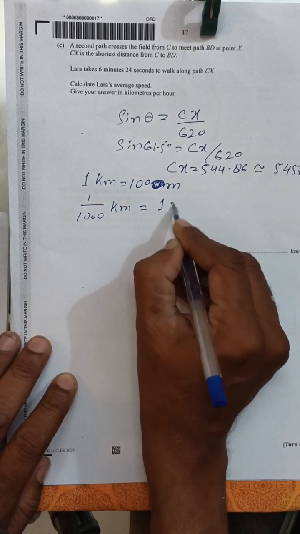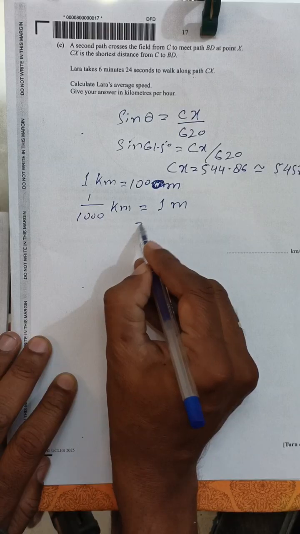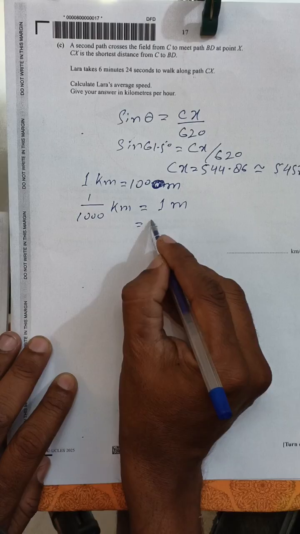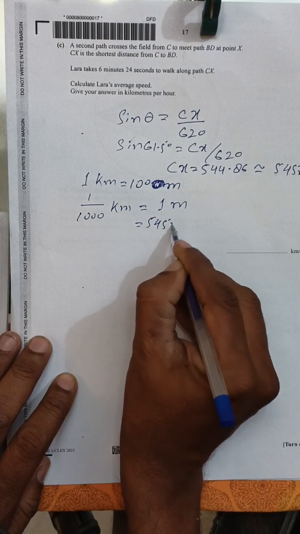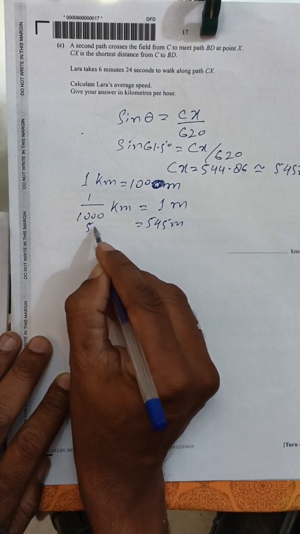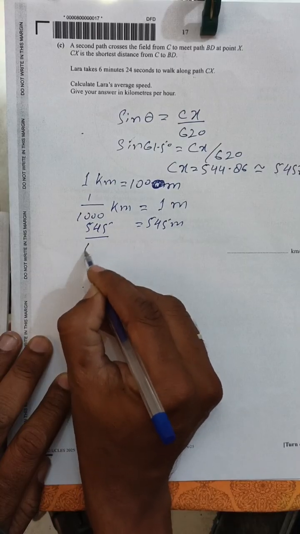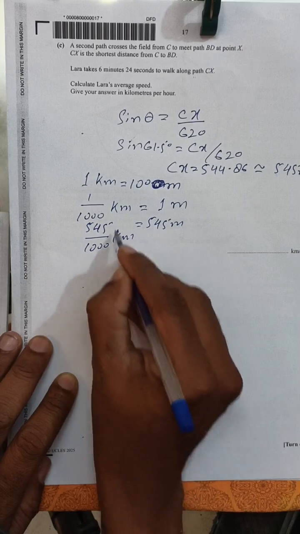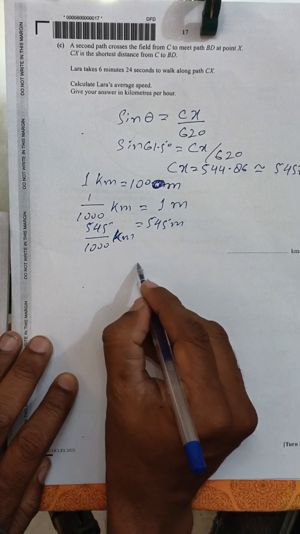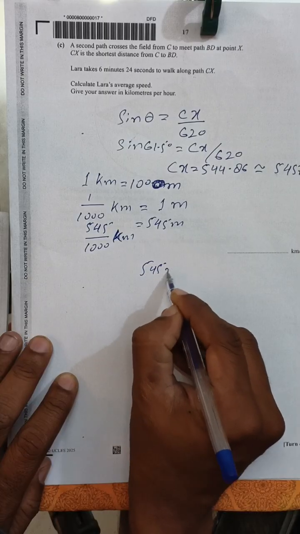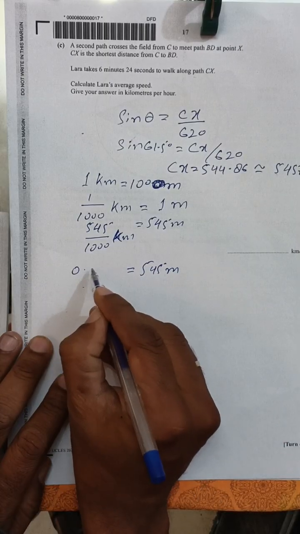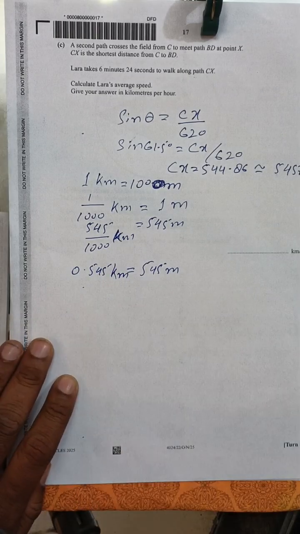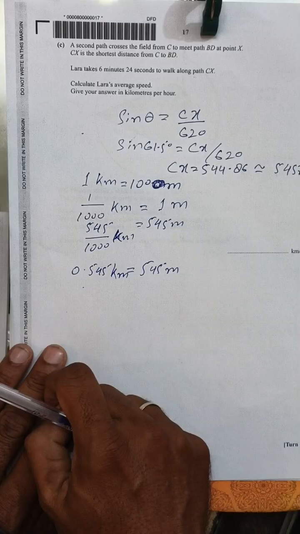You need to convert 545 meters: 545 divided by 1000, so in kilometers, 545 meters is equal to 0.545 km. Okay, now we have converted into kilometers.